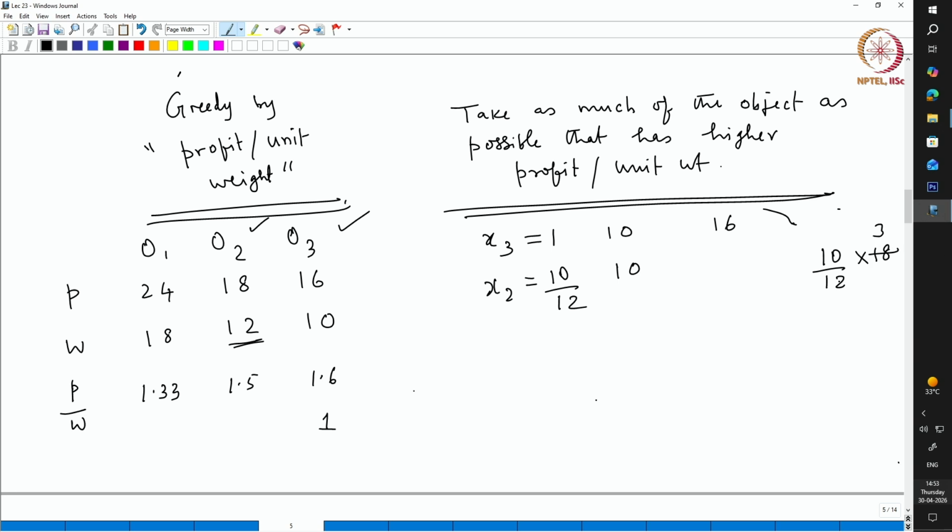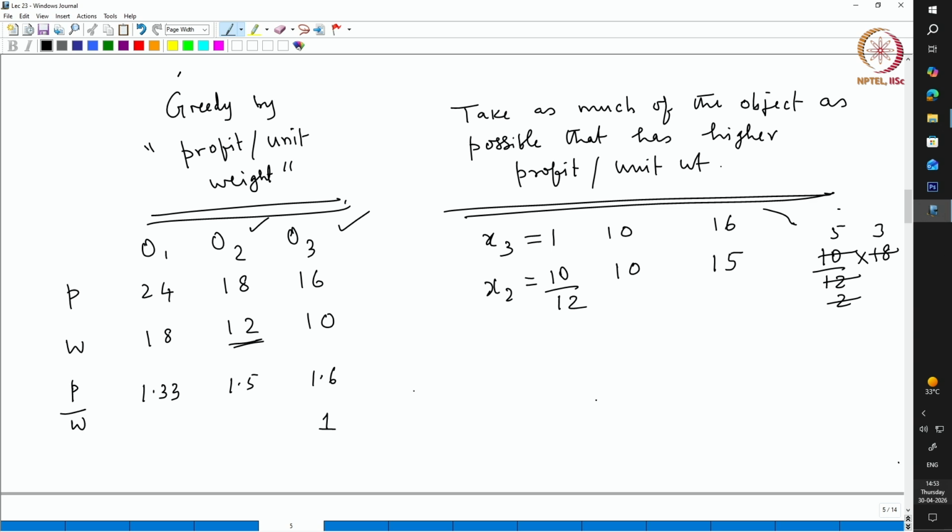So, this is 3 and this is 2 and this is 5. So, this is going to give me a profit of 15, because 1 unit will give a profit of 18. A fraction of 10 by 12 will yield the profit of 15.